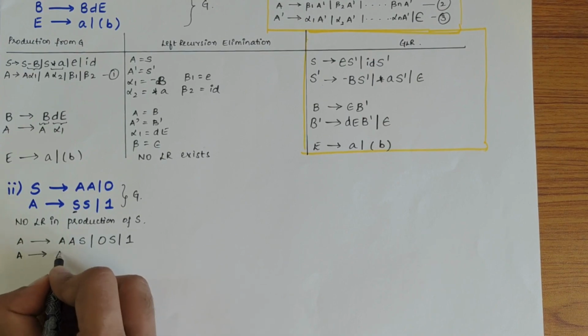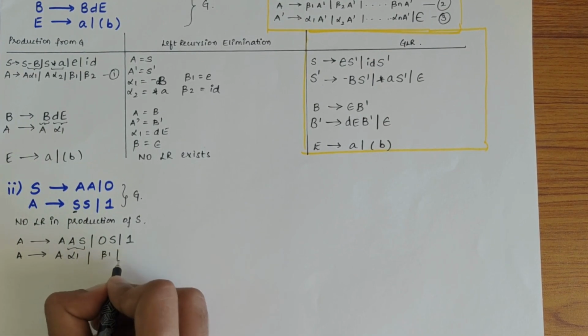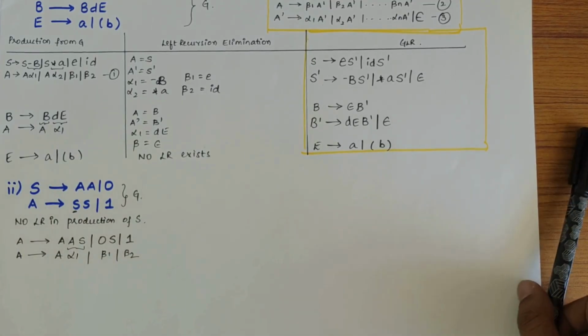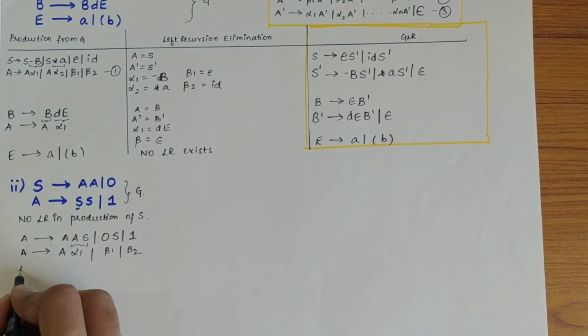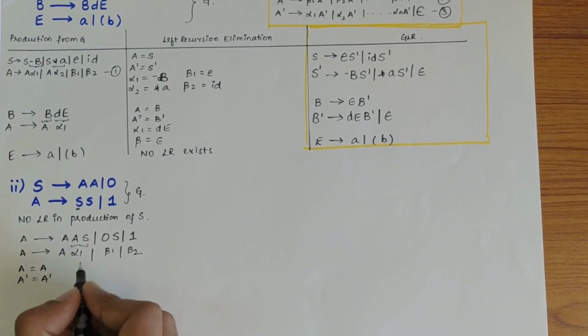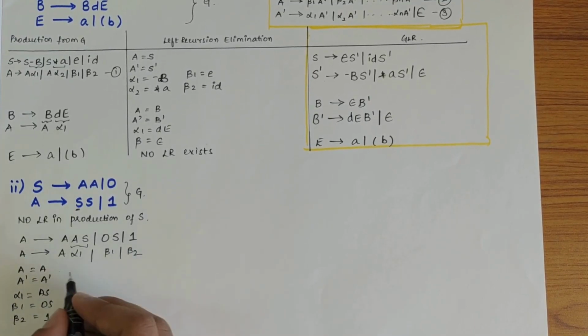Let's compare this with the first equation, A alpha 1 and here beta 1 and here beta 2. So A is equal to A itself, A dash is also equal to A dash itself. Then alpha 1 is equal to AS, beta 1 is equal to 0S, and beta 2 is equal to 1.